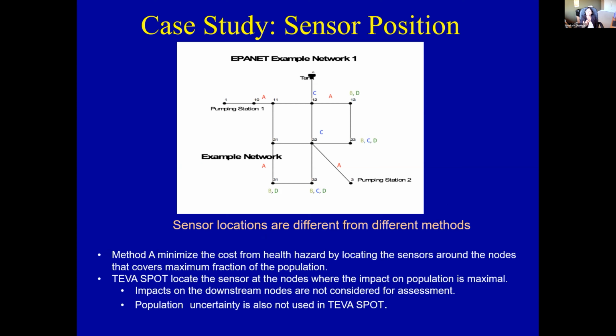Comparing C and D, the sensor nodes for D are 13, 23, 31, and 32, while for C they are 12, 23, 31, and 32. So with and without uncertainty, and cost being one thing and impact estimation the other, depending on your objective, your sensor positions will change.